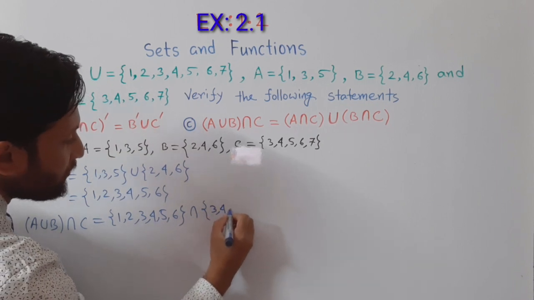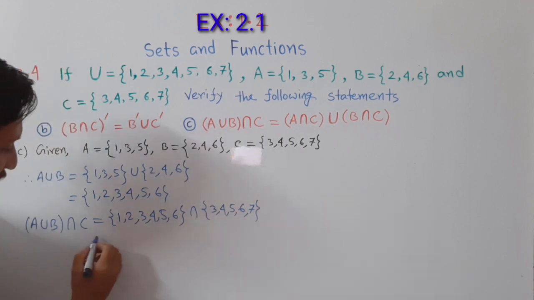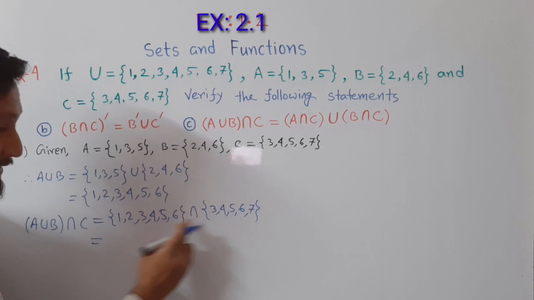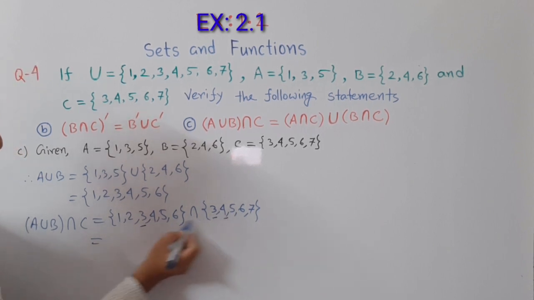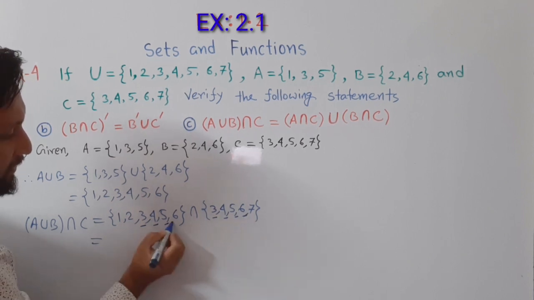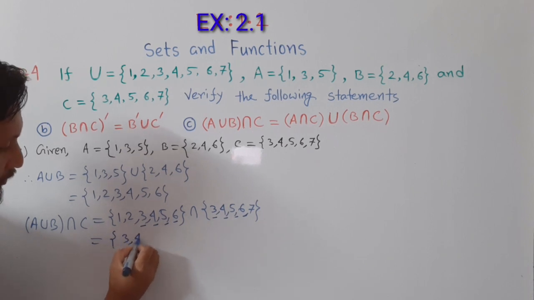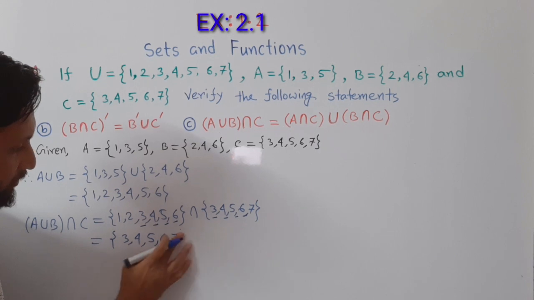Okay, so intersection, that means common from both two sets. Here see that 3 and 3 common, 4 and 4 common, 5 and 5 common, and 6 and 6 common. So the common elements 3, 4, 5, and 6.